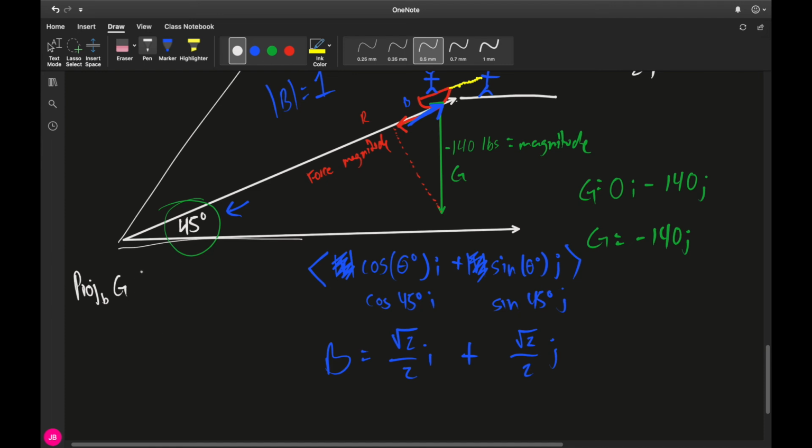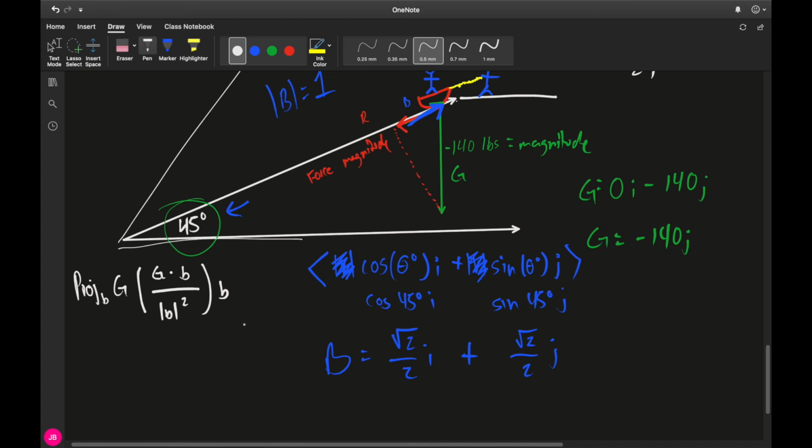So this is going to mean that I'm going to take the components of this, which is going to be the dot product of g times b, divided by the magnitude of b squared, all times the component form of b.